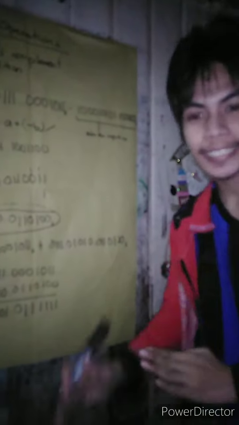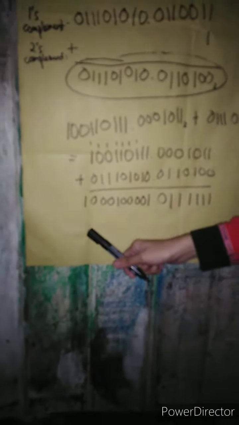So, in the given, we have 16 bits here and 16 bits also here. But in the answer, we will have 17 bits. But we will only accommodate 16. So this leftover one will be omitted, and we will take this as our final answer.